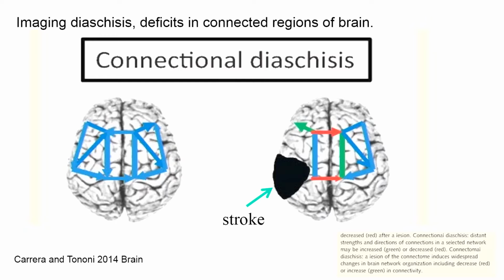So our interest here was to make a map of both hemispheres to see what happens to the brain after stroke. So there's a phenomenon in the literature called diaschisis, which is a disconnection syndrome. So in the normal brain, this is from a beautiful review article by Tononi, you have interconnected networks.